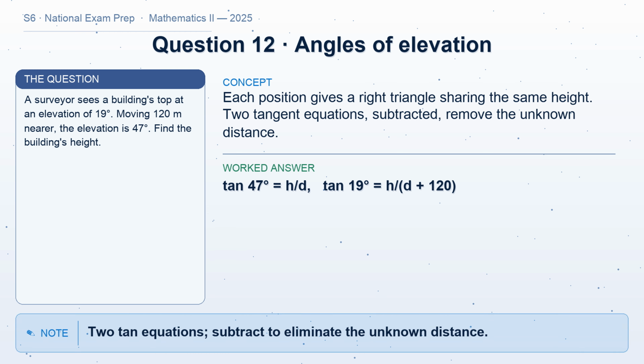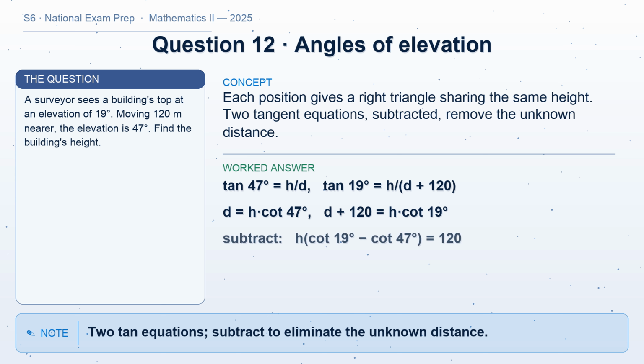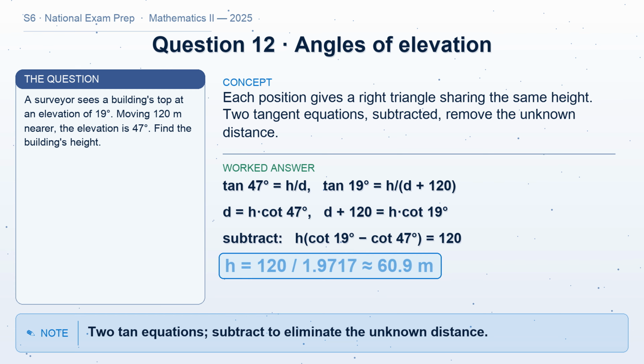From the far point, the tangent of 19 degrees equals the height over that distance plus 120. Writing each distance in terms of the height and subtracting removes the unknown distance, leaving the height times, in brackets, cotangent 19 minus cotangent 47 equal to 120. That bracket is about 1.97, so the height is 120 divided by 1.97. The building is about 60.9 meters tall.